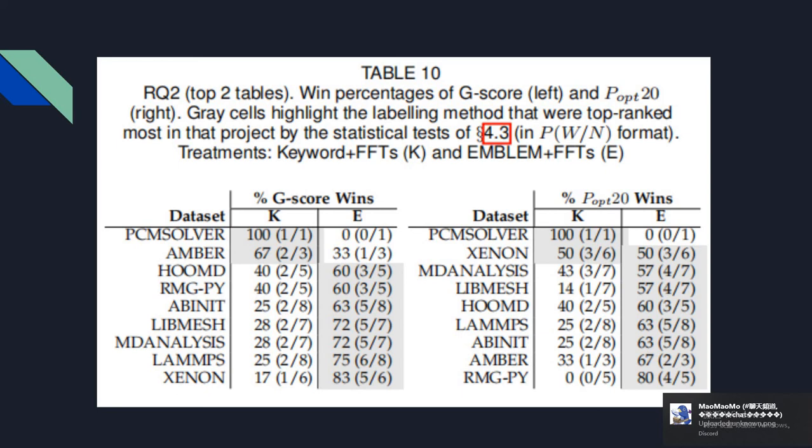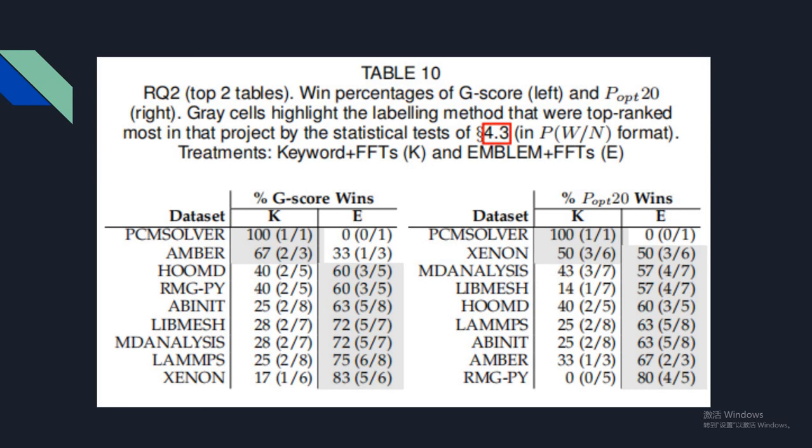Since FFTs are the best classifier for buggy commits, we will use FFT to test the effectiveness of the labeling methods, keyword and Emblem. The table here compares the predictive performance using FFTs with Emblem and FFTs with standard keyword labeling.